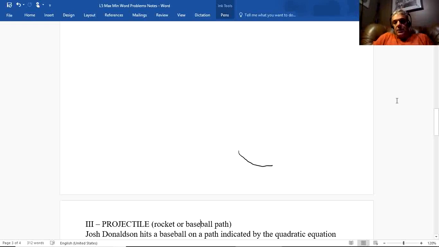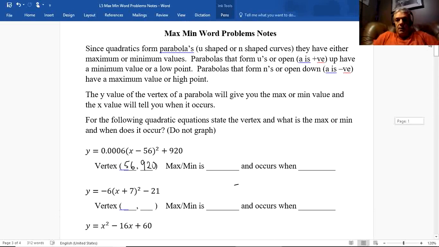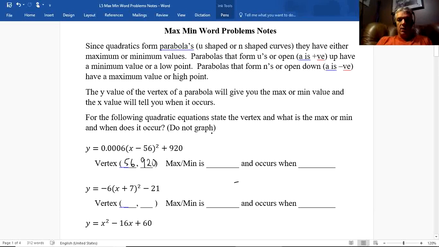Apologize, for some reason it wants to jump on me again. It will be really flat. It'll kind of go like this, okay? And it'll have a low point. So that means this is going to be a minimum. And it's going to be a minimum value of the y value of the vertex, okay? And the y value of the vertex is 920.